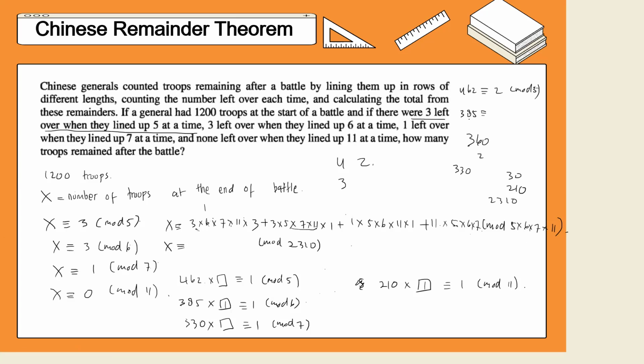Once you find the total calculation, reduce it ya. Reduce it to be modulo 2310. Okay? Kayak gitu.